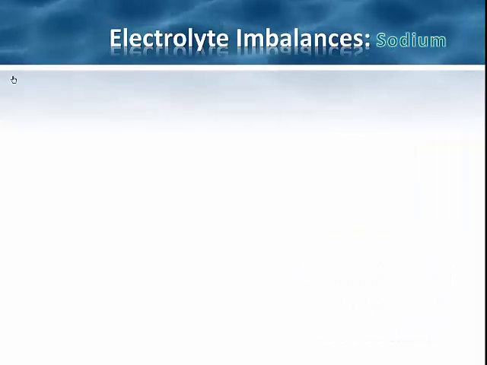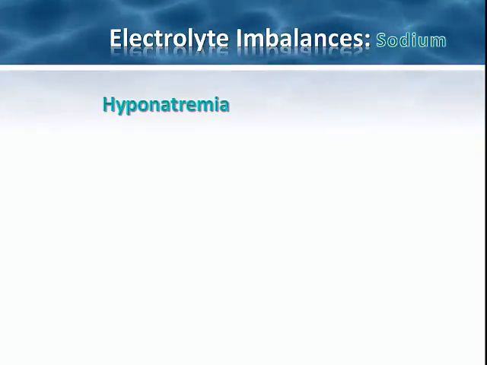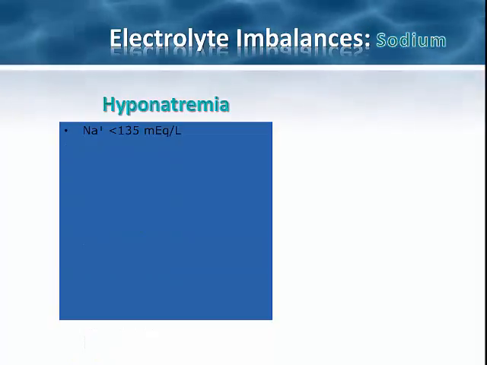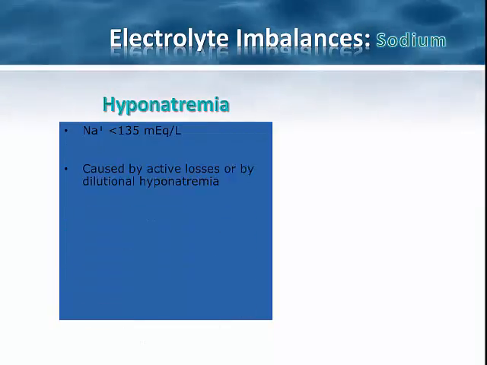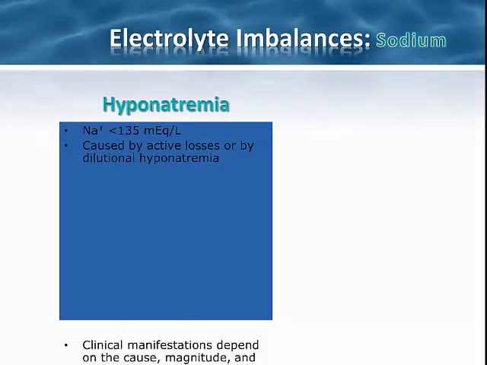So let's summarize the difference between sodium under amount or over amount, meaning hyponatremia versus hypernatremia. In hyponatremia, the sodium is less than 135 milliequivalents per liter. It is caused by active losses or dilutional hyponatremia.